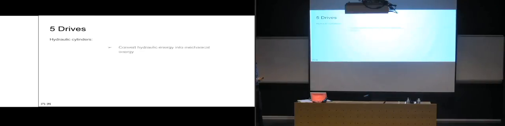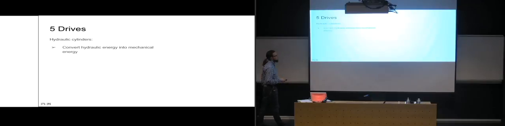So, we'll be looking at hydraulic cylinders first of all, and they are used to convert hydraulic energy into mechanical energy, so that we can convert the pressure we have in our hydraulic fluid and the hydraulic fluid flow into something mechanical, and basically that is something moving, so that we can generate motion in a straight line, which is also why they are often called linear motors.